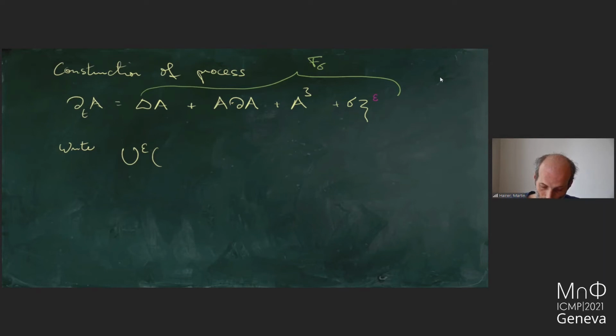Now let me write U epsilon of F sigma for the solution to the modified equation.